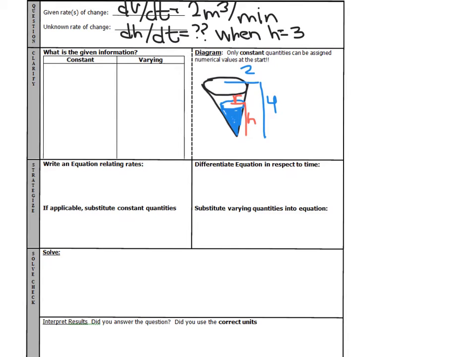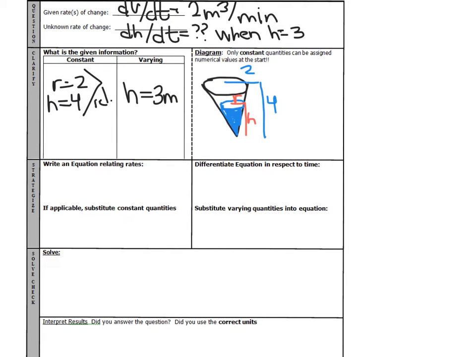Okay, so what is constant about this problem? Well, the ratio was constant between radius and height, but we might not actually use those numbers because we don't know that the water will get that high. So we could say r is 2, height is 4, but this is just mainly a proportion relationship. Okay, now what's varying? The height, because we're going to want to know when it's 3 meters.